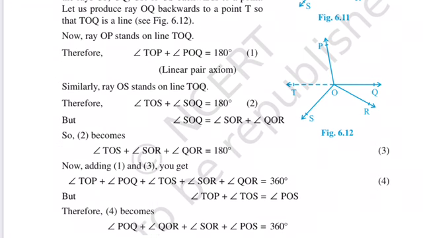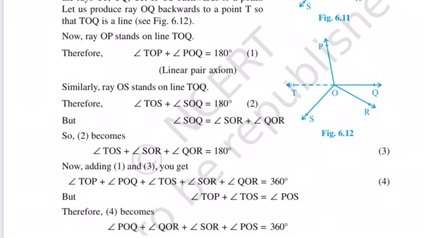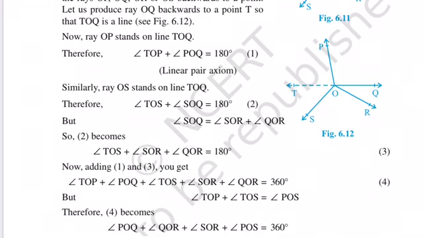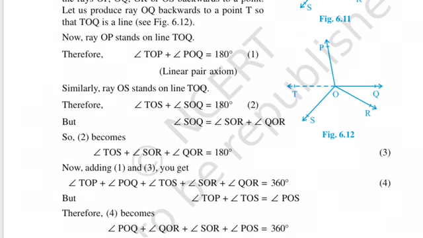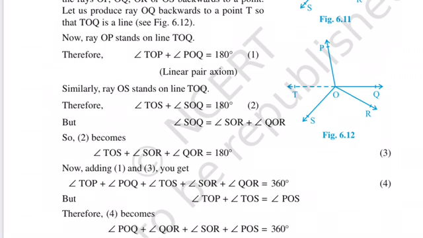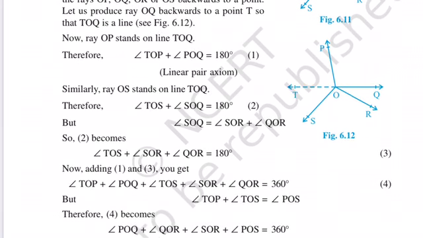So in place of angle TOP plus angle TOS, we can write angle POS. The remaining terms are angle POQ plus angle QOR plus angle SOR plus angle POS. This POS comes in place of angle TOP plus angle TOS. So it is equal to 180 plus 180, which is 360. So this is the proof.